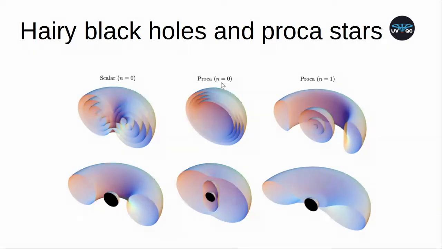For the Proca field with n equals 0, so for the fundamental state, we have this spherical morphology, and for the Proca case with n equal 1, we have this Saturn-like morphology. And for the corresponding hairy black hole, we have basically the solitonic solution, which is deformed by the presence of the event horizon.